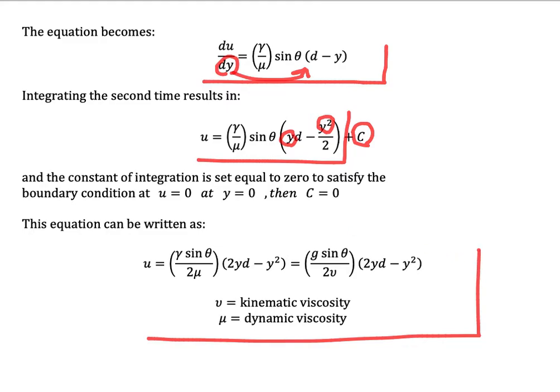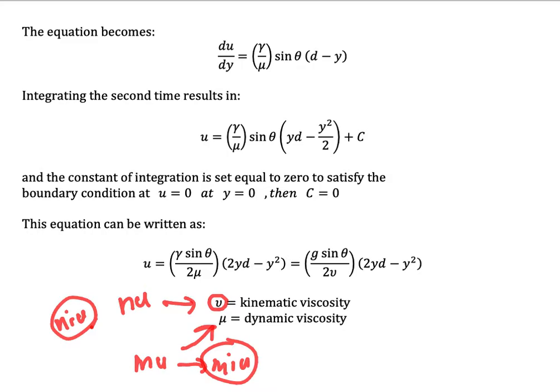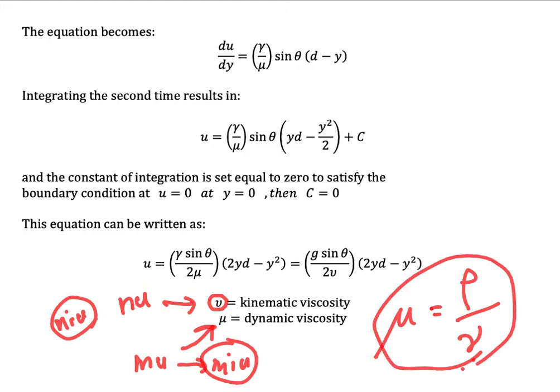Here, if you read a few textbooks, you will find that sometimes people use kinematic viscosity, with the symbol nu, and this is the mu. Okay, I'm sorry. The sound is mu, and the sound is nu. So the relation is that mu is equal to rho nu.